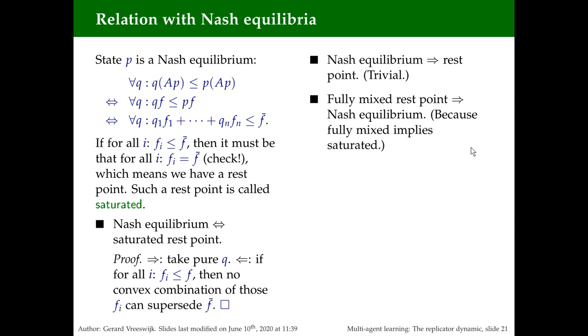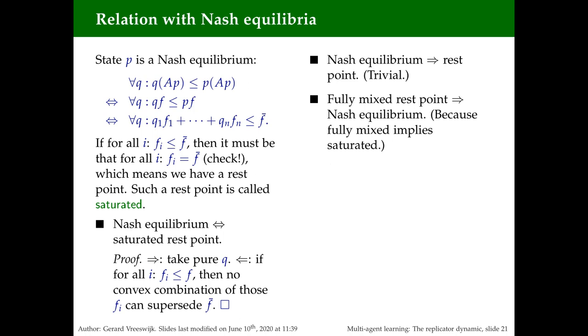And if you have a fully mixed rest point, so every species participates, that's very important. In your programming exercise you probably chose starting proportions for your replicator dynamic in which every species is of course represented. So no p_i is 0. Every species is represented.